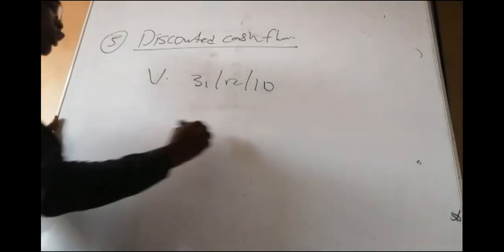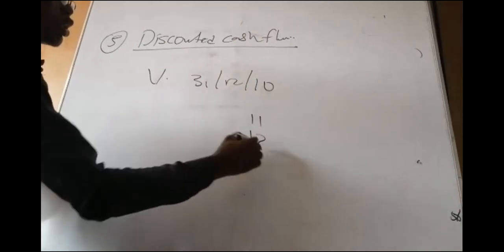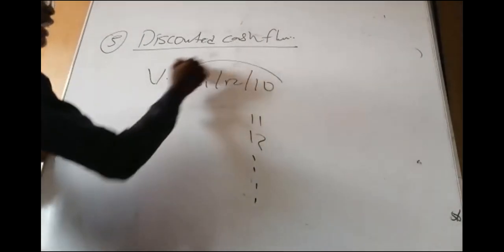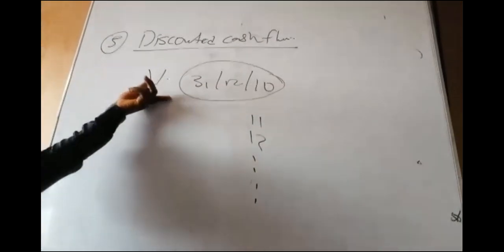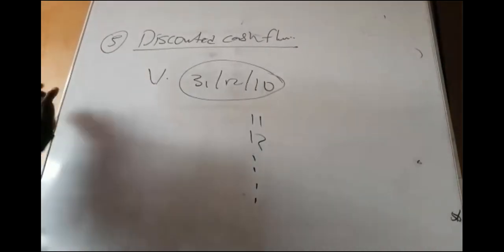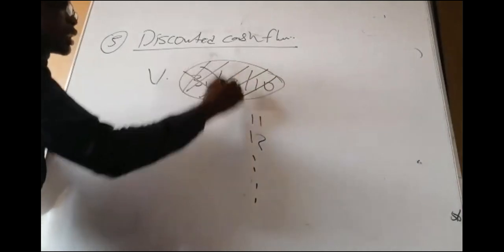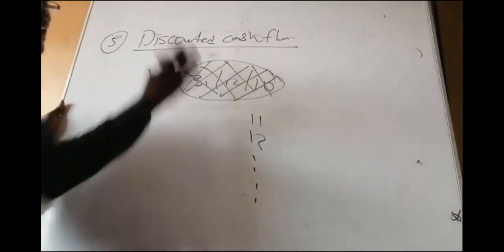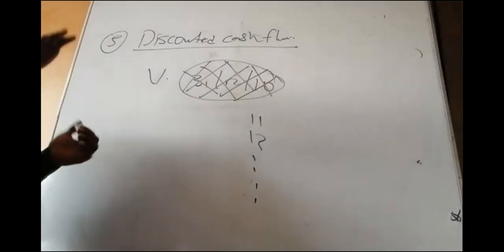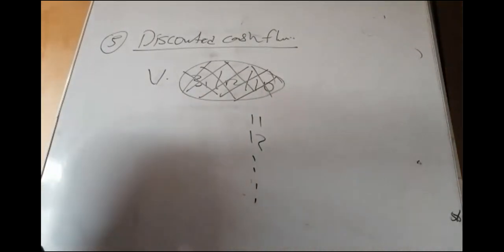So you have to pick cash flow from 2011 onwards. Do not include cash flow of 2010. Pick cash that will be generated after 1 year from today. So check this one very carefully.